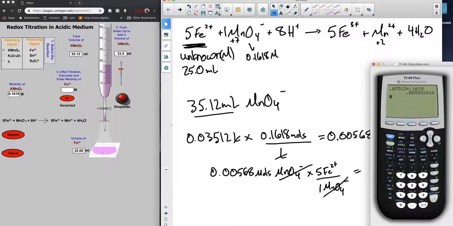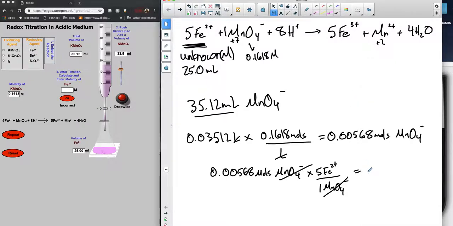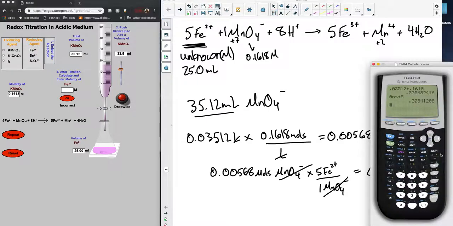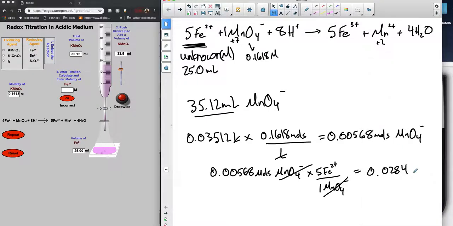And if I take this number and multiply it by 5, that should give me 0.0284, let's just call it that, moles of Fe2 plus. Okay, so that may be the end of the question, depending on what it's asking for you.